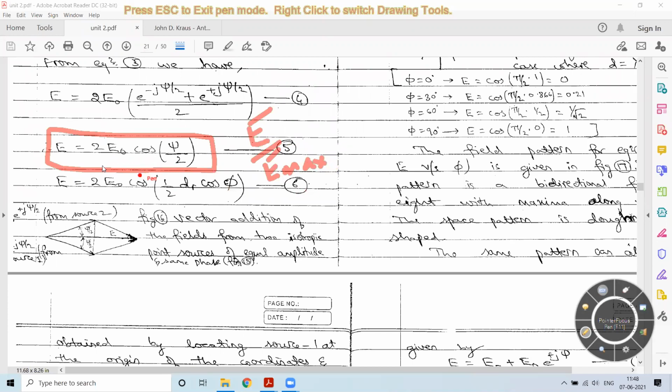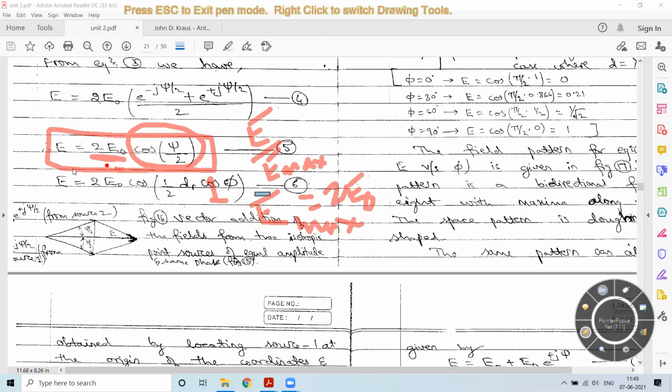You can just see it is 2 times E naught. This value is fixed; the maximum will depend on the cos psi by 2 term. The maximum value of cos psi by 2 is unity, that is 1. So in this case, Emax will be 2 times E naught.